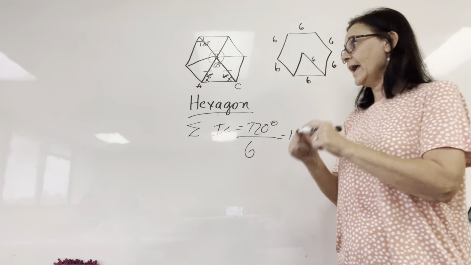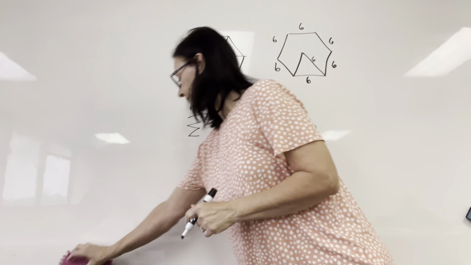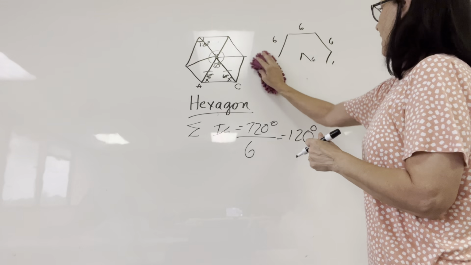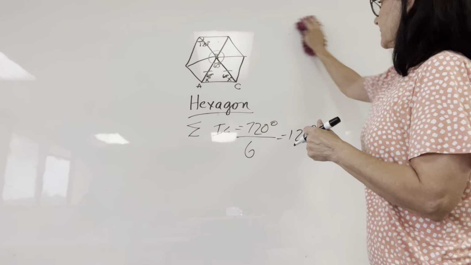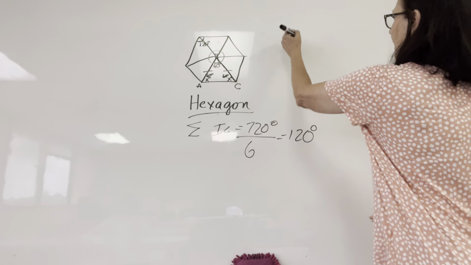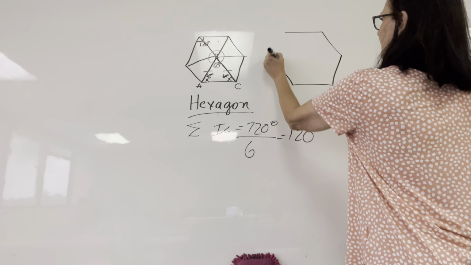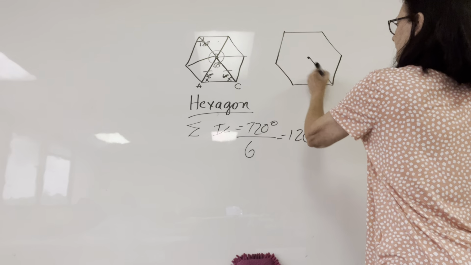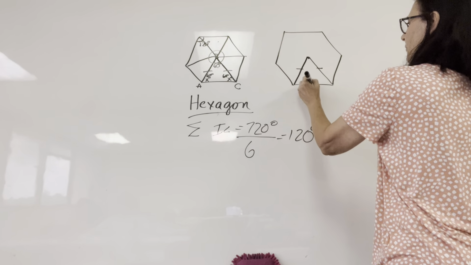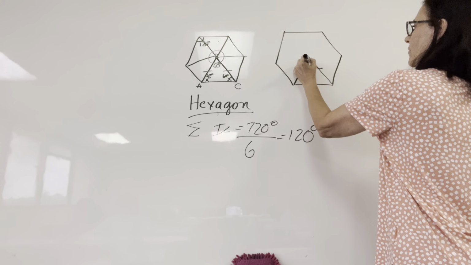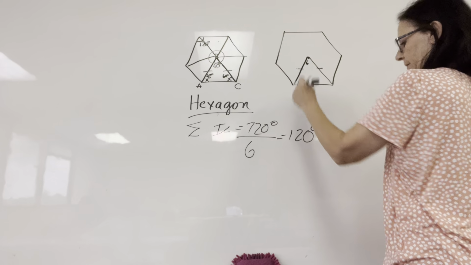Now there's something else unique about a hexagon. So this will be a new word. Let me draw another one. All right, we know it's equilateral. We know every angle, I'm gonna label this one here, is 60 degrees.